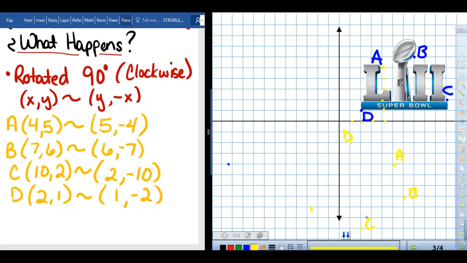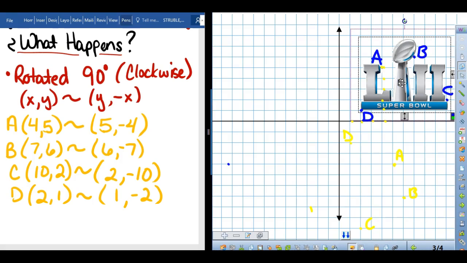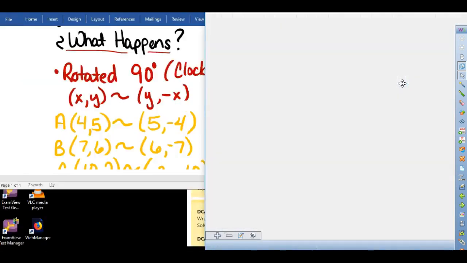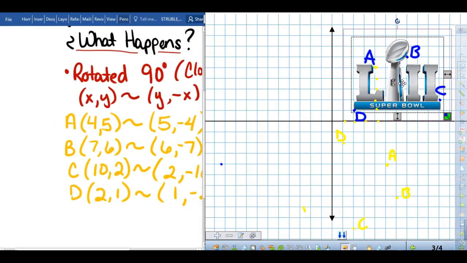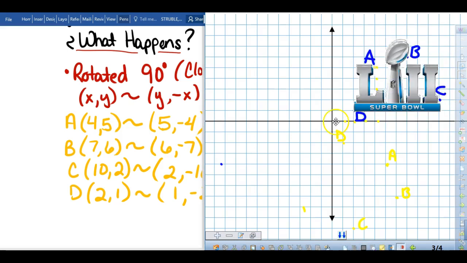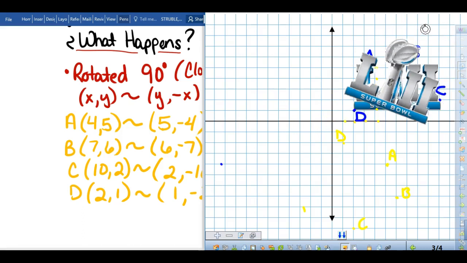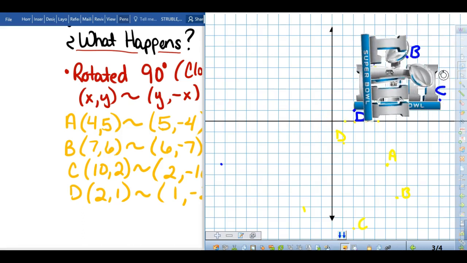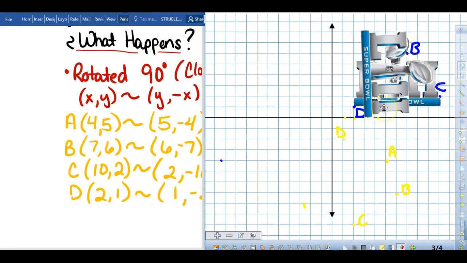Okay. Now I know it doesn't look like much right now, so let's go ahead and check out this figure, and I'm going to copy it. Okay, copy that figure right there. Let's get another one that we can rotate. Now again, when we rotate about the origin, it's almost like I'm putting a pencil on the origin and I'm dragging that figure at the same time, okay? So that it's going to rotate. And let's move it on down.